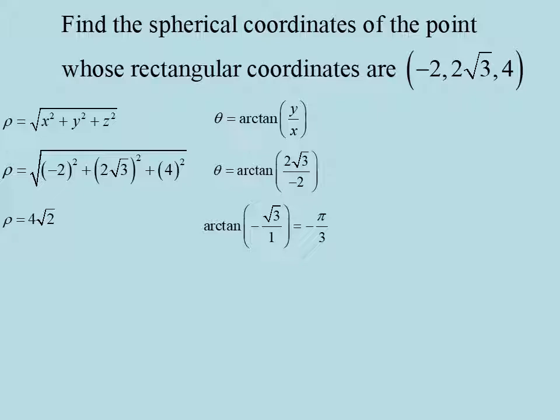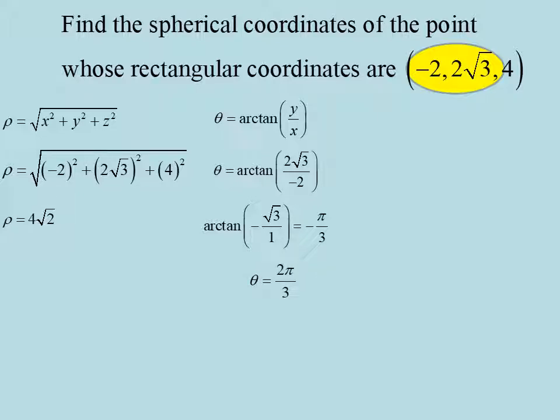Now, negative pi over 3 is in quadrant 4. The point that we're given, negative 2 and 2 square root of 3, is in quadrant 2. So we're going to have to modify our angle so that it's an angle in quadrant 2 that matches this.